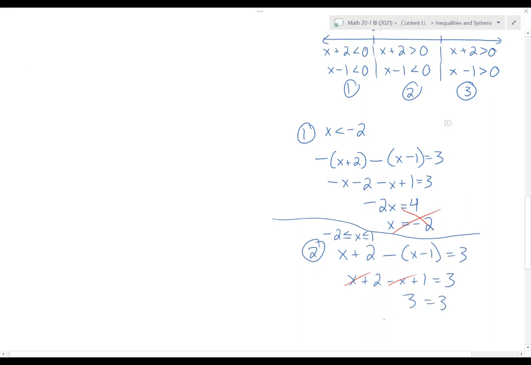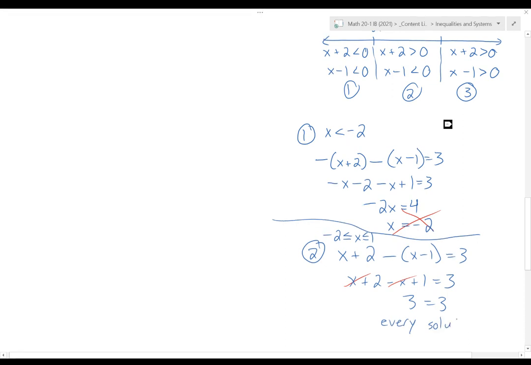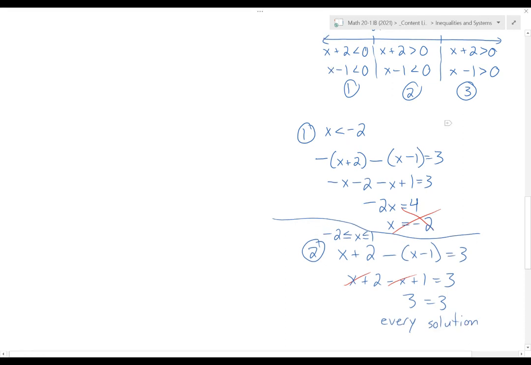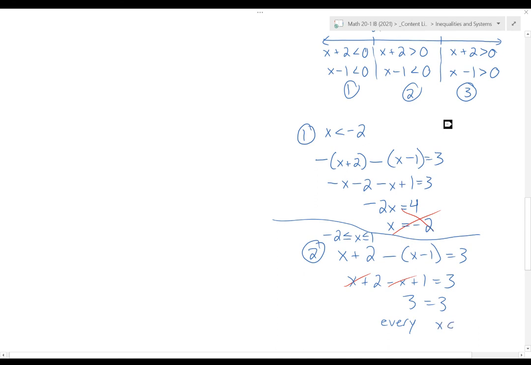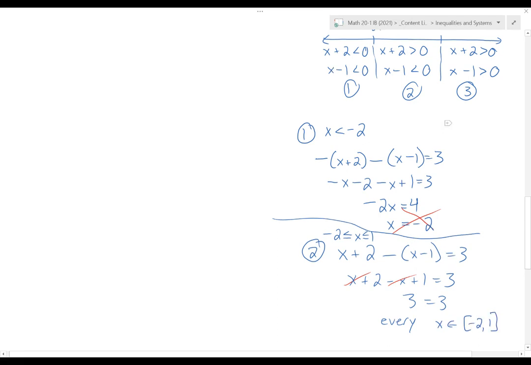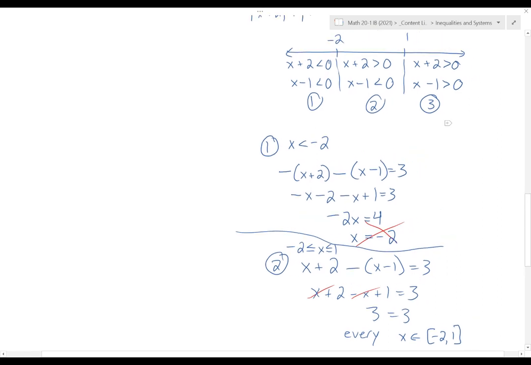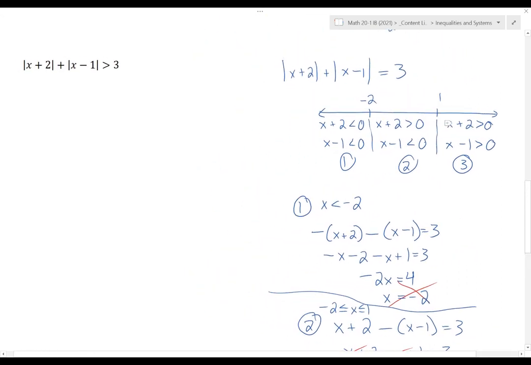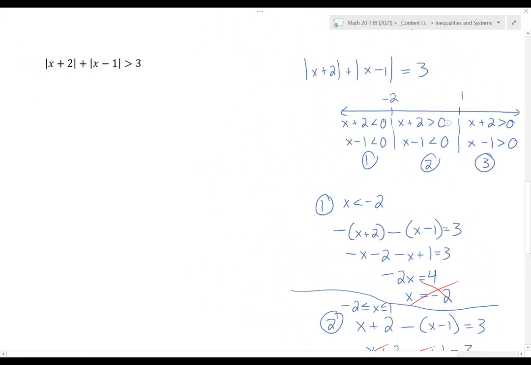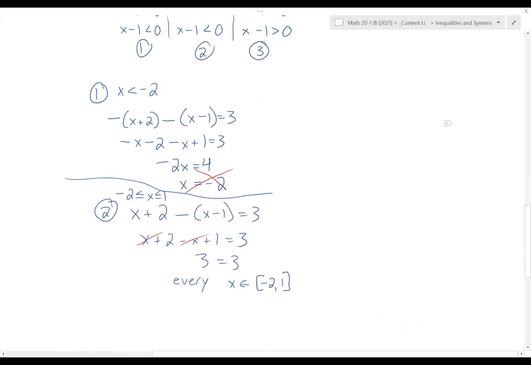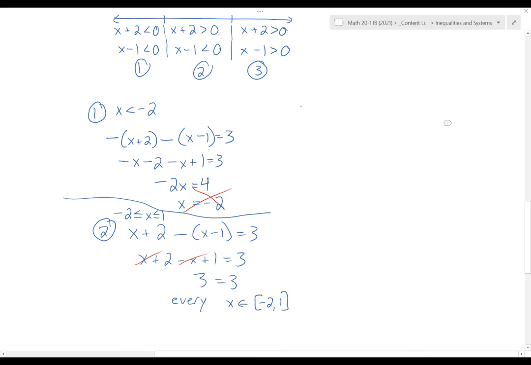So this means every x in the interval from negative 2 to 1 is a solution. So those are all solutions to this equation. Now, being careful, they are not solutions to the inequality. But the endpoints, negative 2 and 1, are going to be critical values.